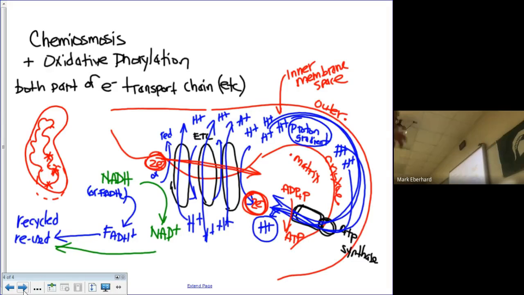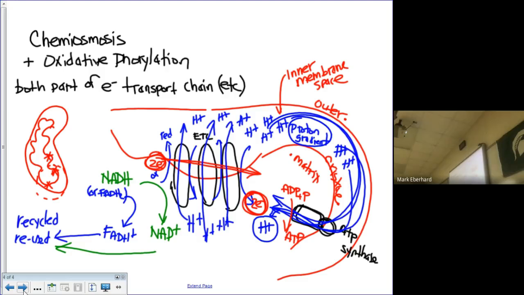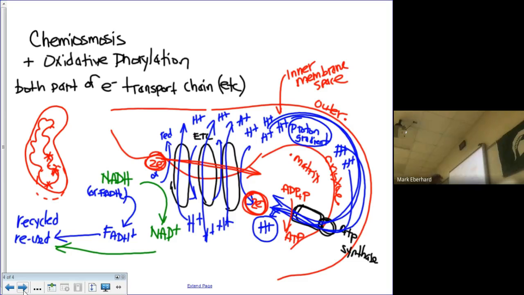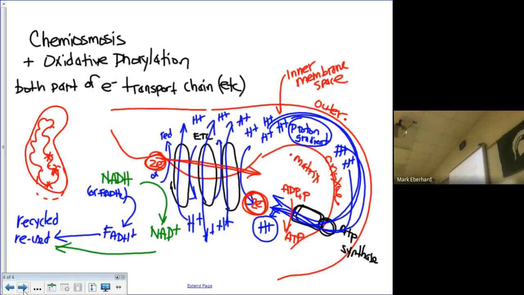So, still not quite all the way there yet. I said there were two processes going on. Chemiosmosis. Let me use green. Chemiosmosis is what's going on right through here.